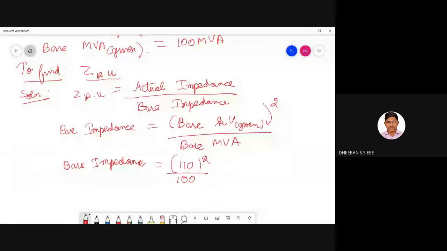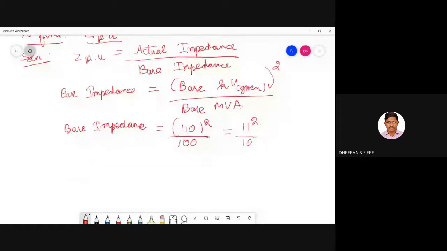You can keep it as 11 square by 10, and substitute here in Z per unit. Substituting, you get 50 divided by 11 square into 10. So finally your Z per unit will be equal to j0.4132 per unit.